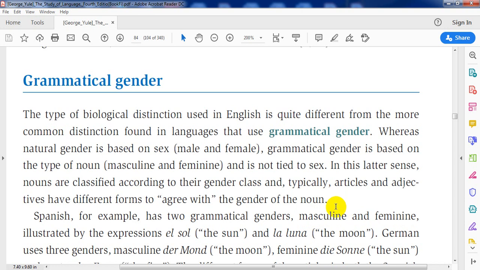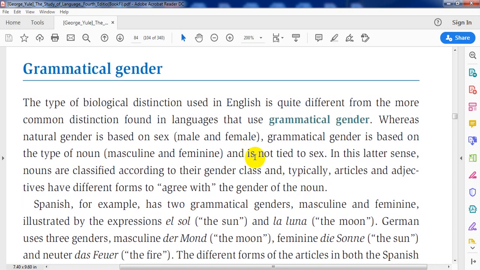an example in Arabic just to make the idea more clear. For example, in Arabic we say هذا قمر, and we say هذه شمس.